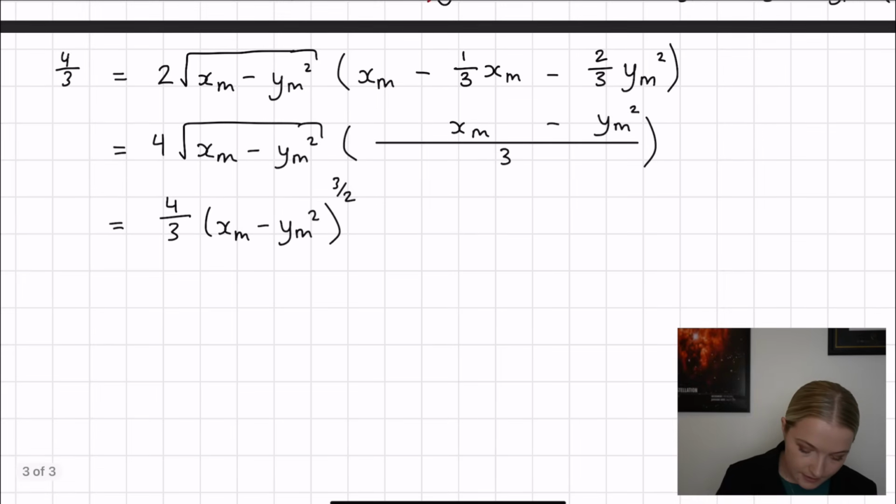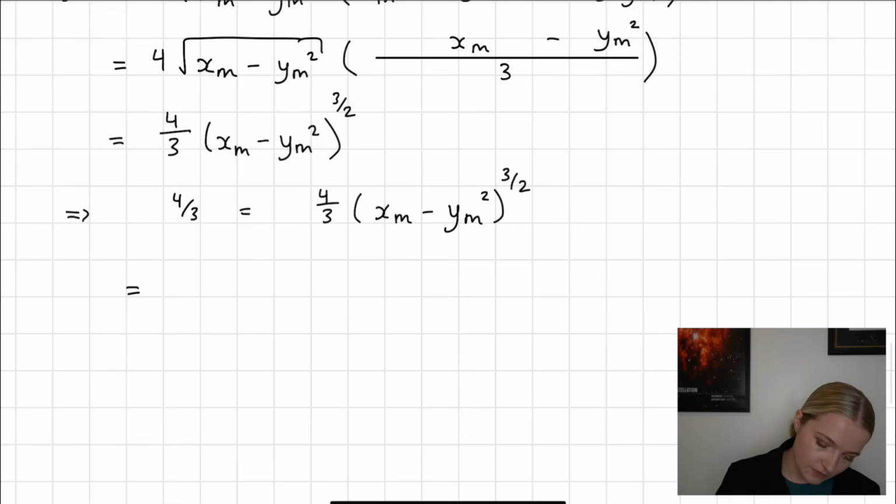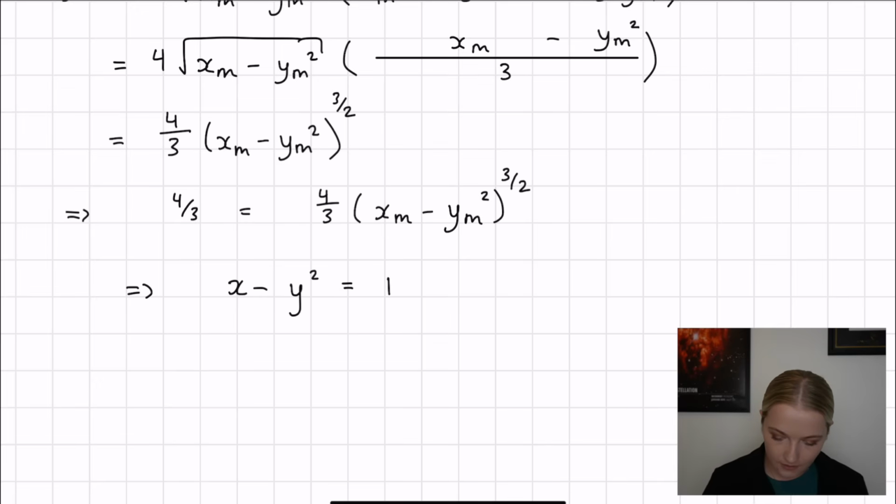Now we can equate this by simply, let's have a look, we have 4 over 3 on either side here. So you'd end up with 4 over 3 equals 4 over 3 of xm minus ym squared to the 3 over 2, from which we can deduce that x minus y squared must equal 1, using this in here.